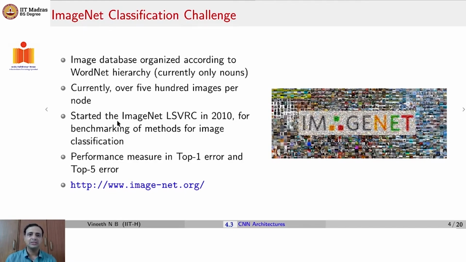This led to a significant effort across researchers to benchmark their machine learning models, computer vision models in particular, for image classification, on a common dataset in which everybody could check how their models performed. The performance measure on this dataset was known as the top 1 error, which is the error when you look at the best prediction of the neural network against the ground truth, and the top 5 error, where you check if the ground truth was in the top 5 of the labels in the output layer of the neural network.